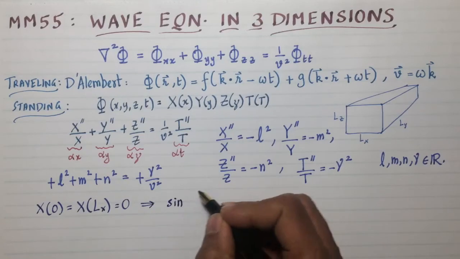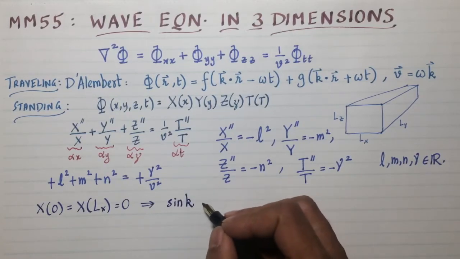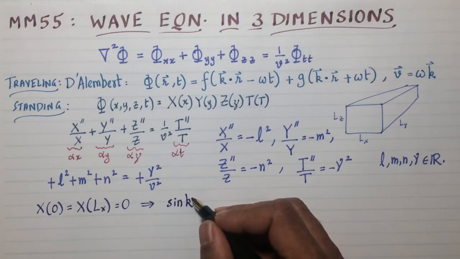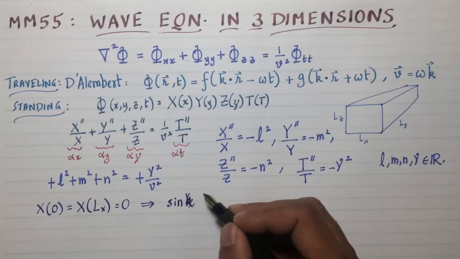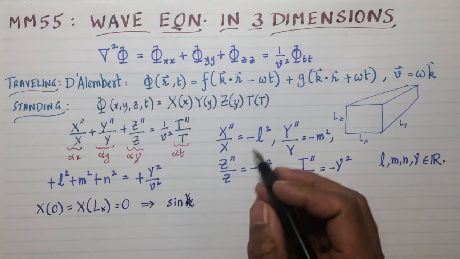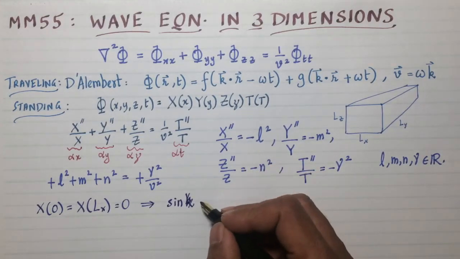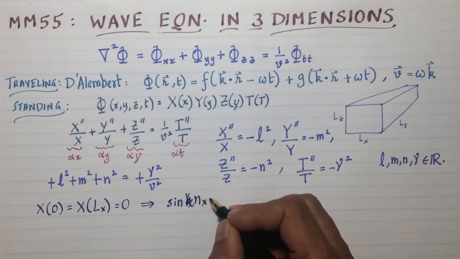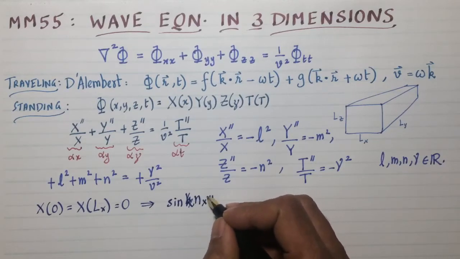sine of, well, here you don't have k anymore. The wave number is not k, but in this case it's L. So sine of some quantum number nx times pi.